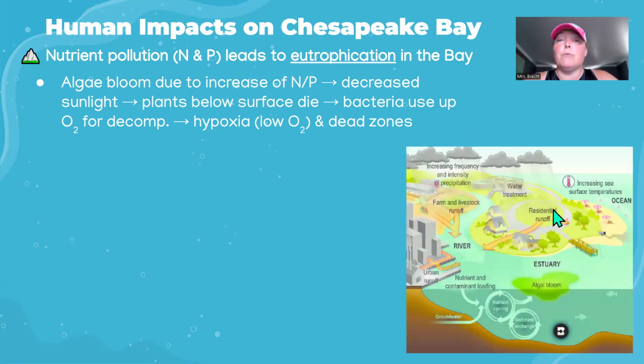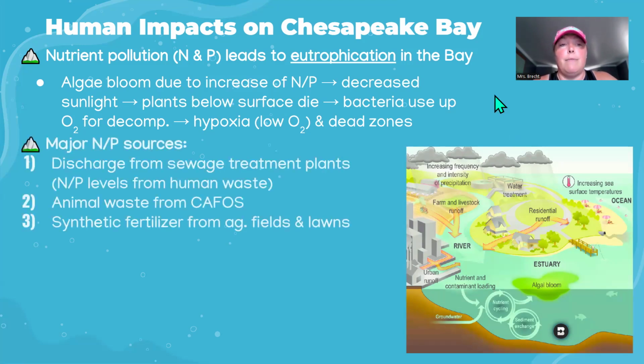So some of the things: residential runoff, farms and livestock, urban runoff, there's lots of things that can contaminate and increase nitrates and phosphates. The biggest one we see is sewage treatment plants, nitrate and phosphate levels that come from human waste. Animal waste from CAFOs, that's confined animal feeding operations, or as you know it, factory farms.